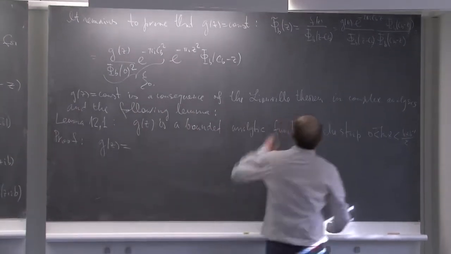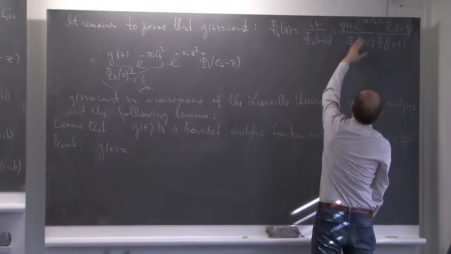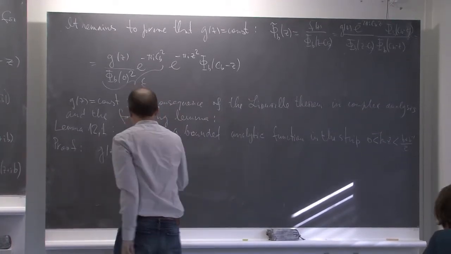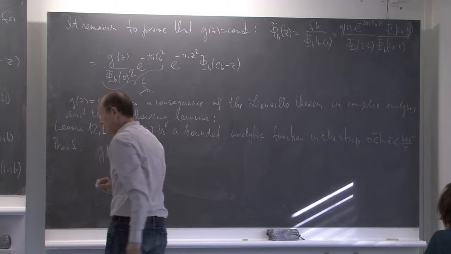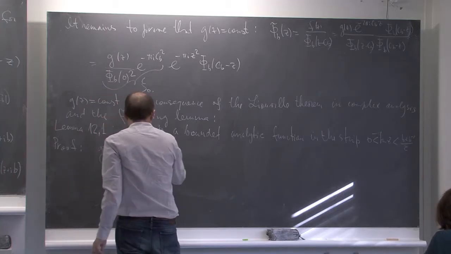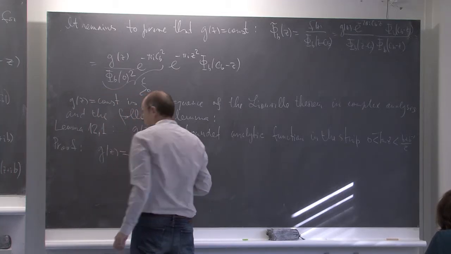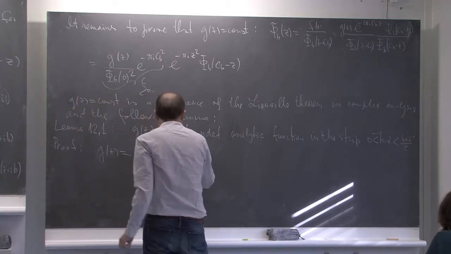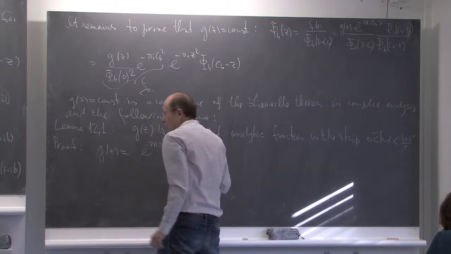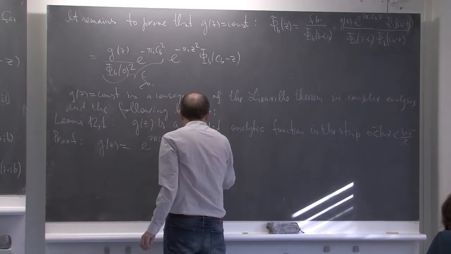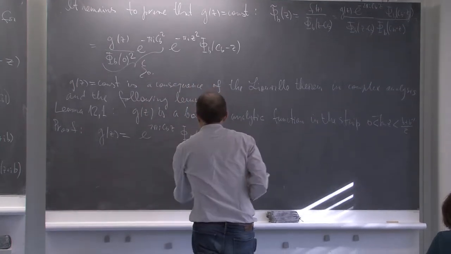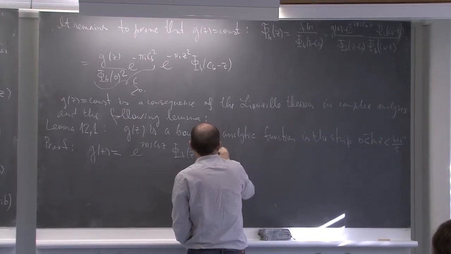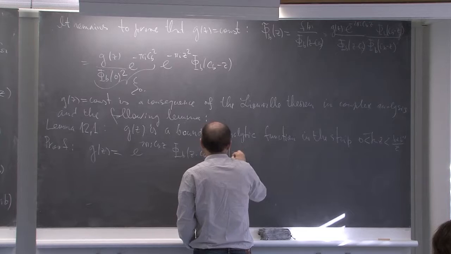So we solve it again with respect to g of z. So g of z equals e 2 pi I cb z phi b of z minus cb over phi b tilde of z, right?